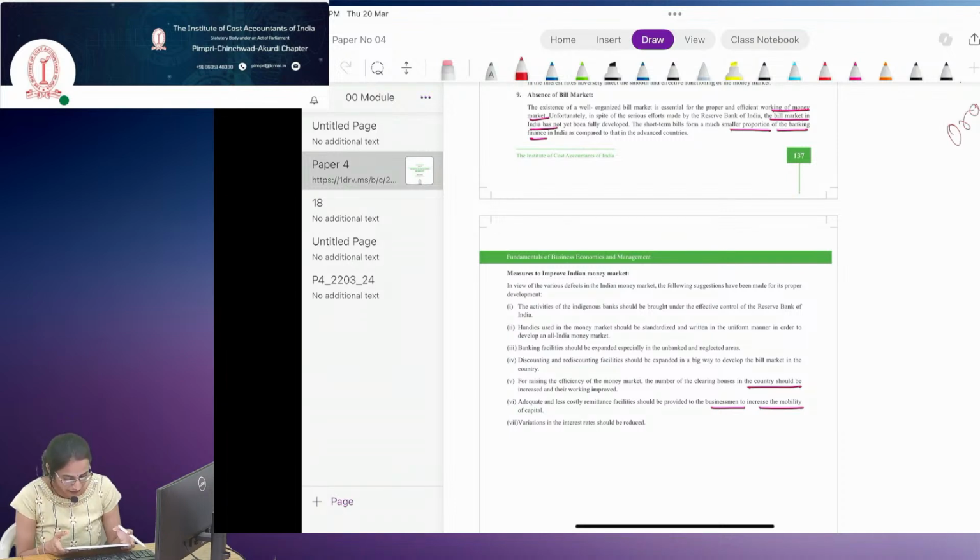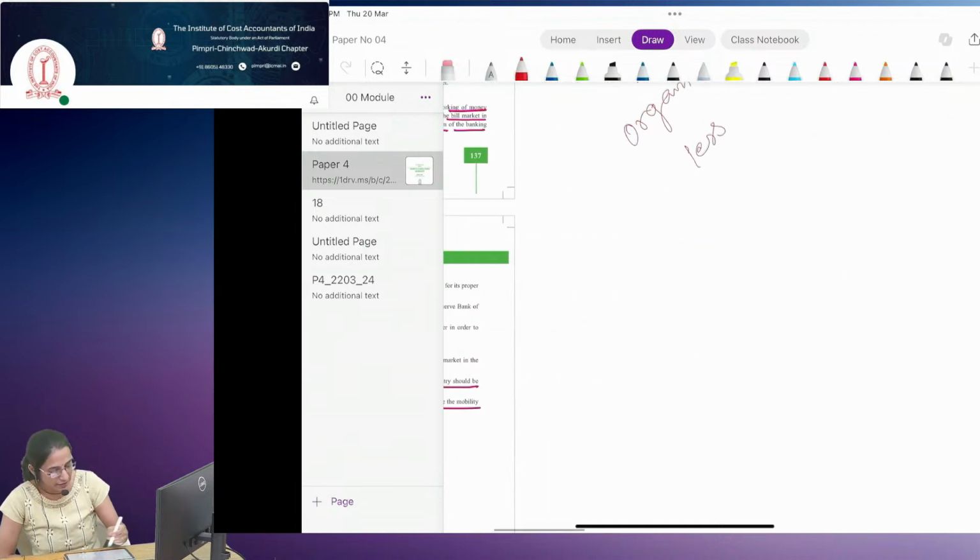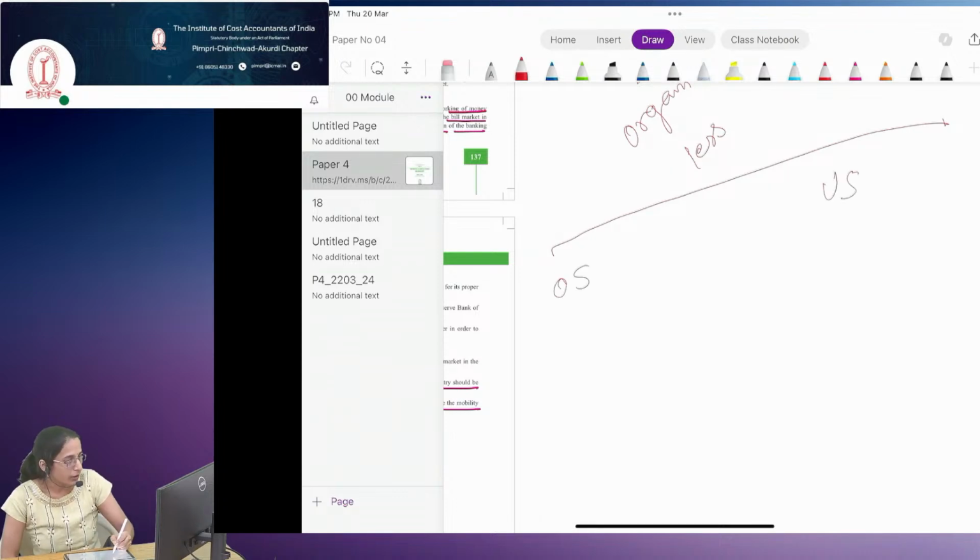The activities of the indigenous banks should be brought under the effective control of the Reserve Bank of India. See why it is required. We discussed there are two sectors in the money market, organized sector and unorganized sector. The unorganized sector comprises indigenous banks and money lenders.